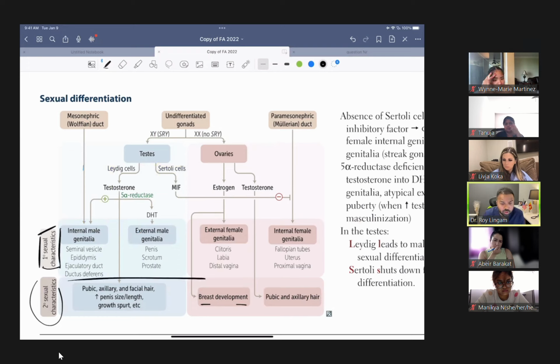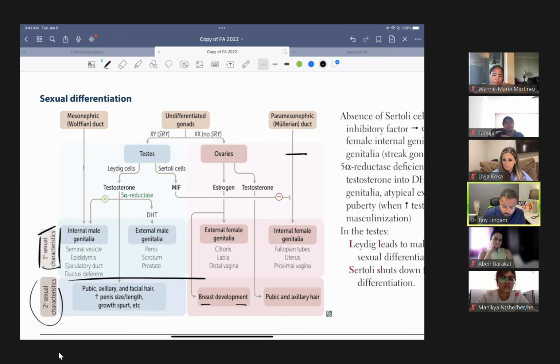Okay, go ahead, Manikya. Dr. Roy, if Mullerian duct and Wolffian duct both are absent, which one causes absence of internal structures? No, you can't just say both are absent. Only Mullerian duct can be absent in female.